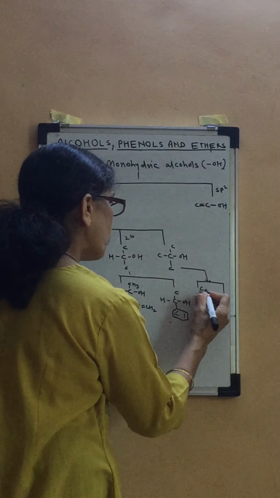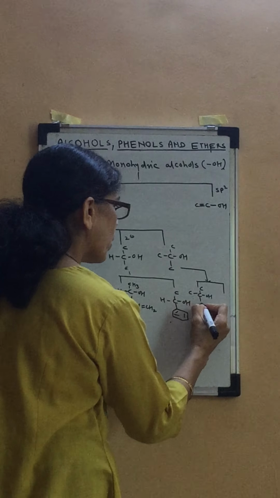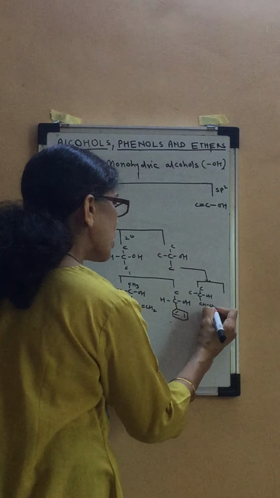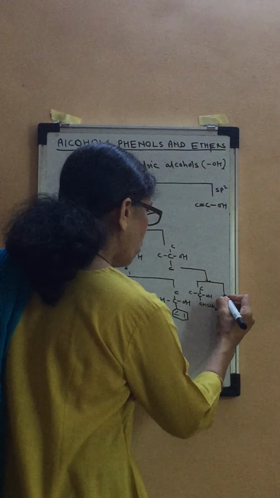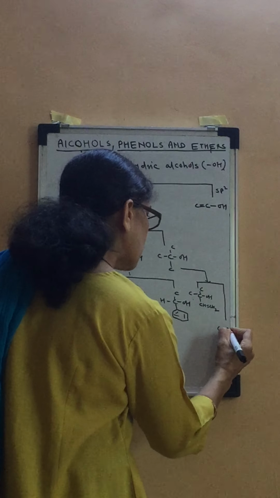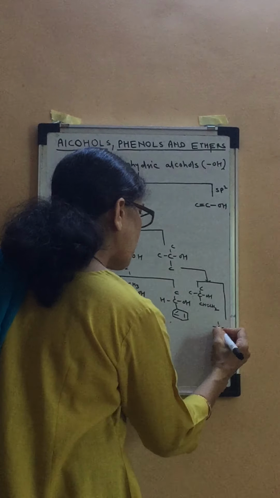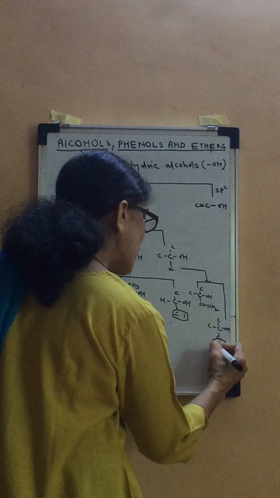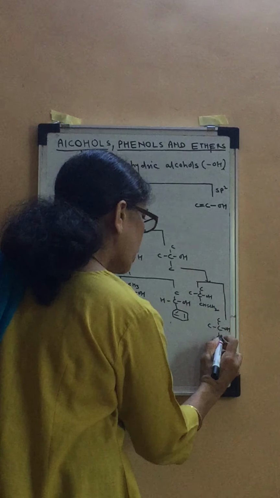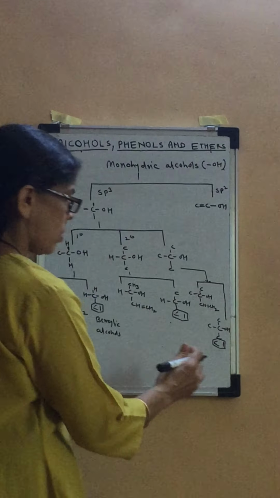The OH-carrying tertiary carbon atom with one carbon atom being part of an allylic system gives allylic alcohols, allylic tertiary. And we can have the OH-carrying tertiary carbon atom with one of the carbon atoms part of a benzene ring, aromatic ring, that becomes benzylic alcohols.